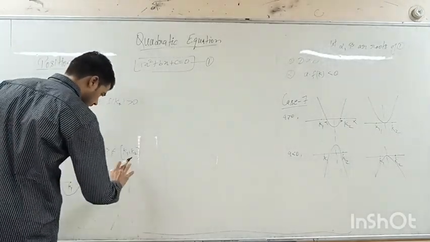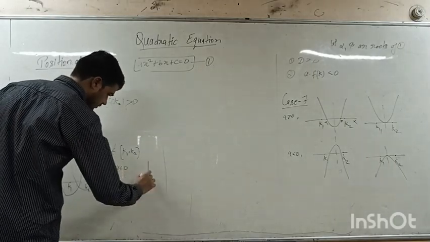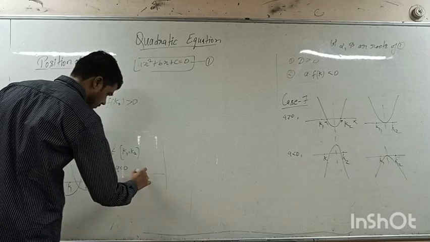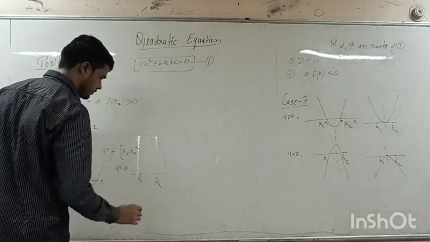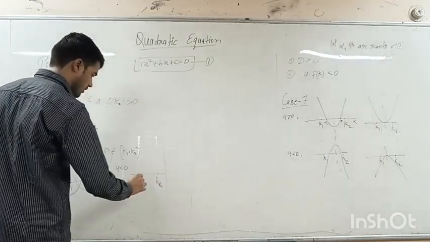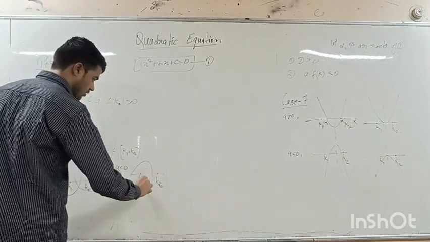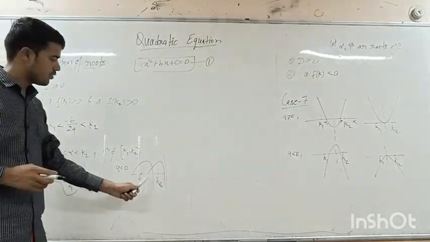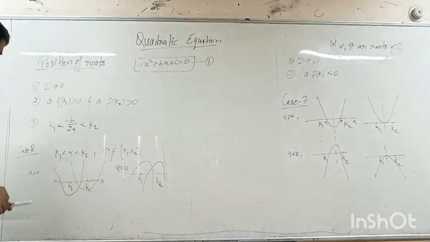So for the other case, if a is less than 0, so here is k1, here is k2. So the graph can go like that, or the graph can go like that. Okay, means one root will be in between k1 and k2.